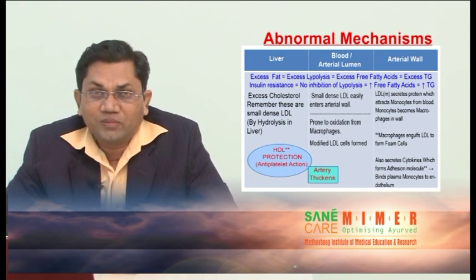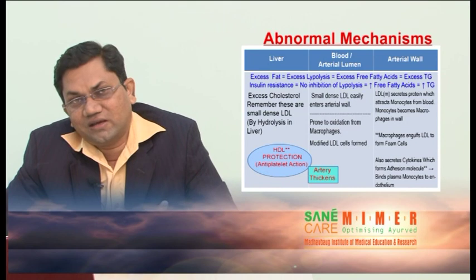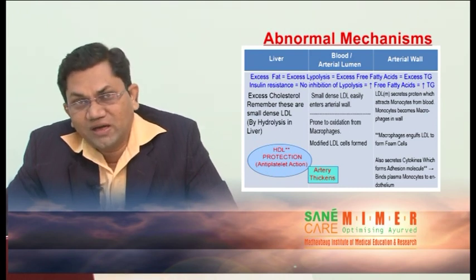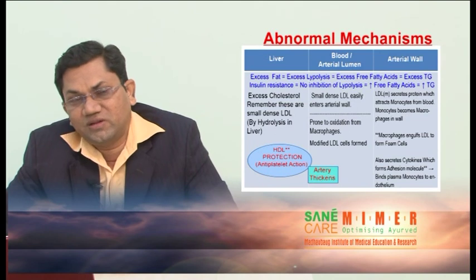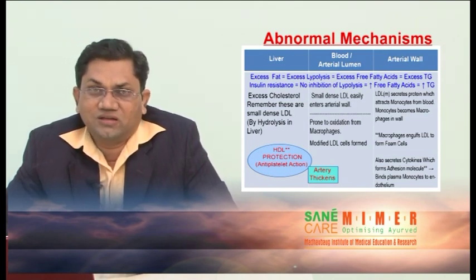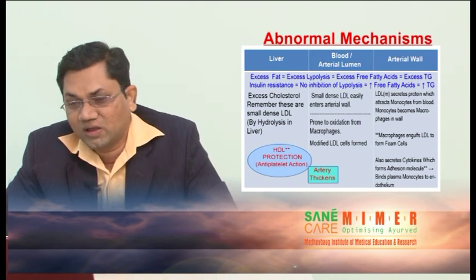Here you can manage the case simply by counseling the patient, advising him a cardiac diet, which is a high fiber and low calorie diet, and also by stimulating him to take up brisk exercise every day and reduce his excess cholesterol burden, and you can reverse these ischemic symptoms which he presented to you in your clinic.